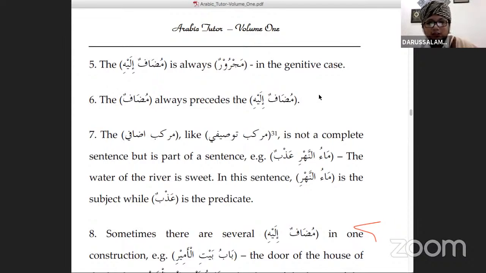Kitab Zaid, maksudnya kitab milik Zaid. Kalau sebut Zaid kitab, orang tak faham langsung. Faham?